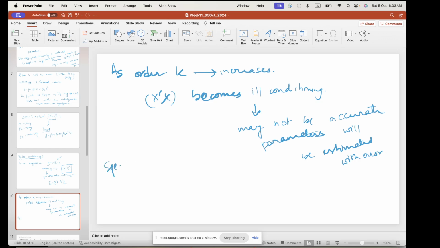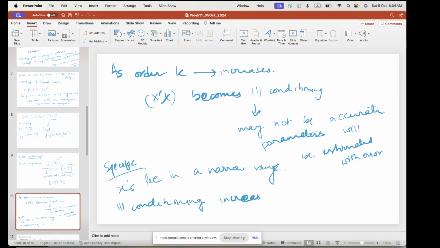To be very specific, if the x's lie in a very narrow range, then ill conditioning will increase, and we'll often observe multicollinearity in the X matrix.